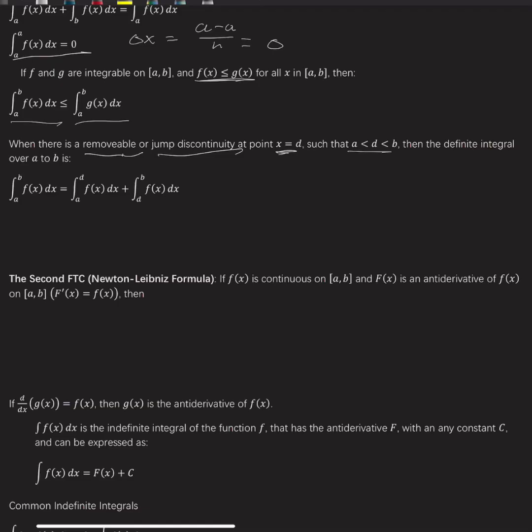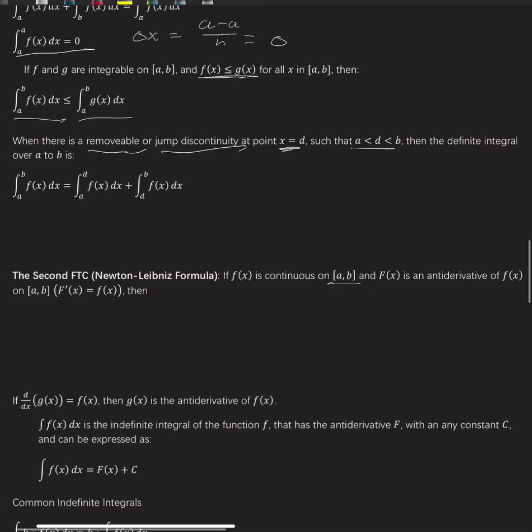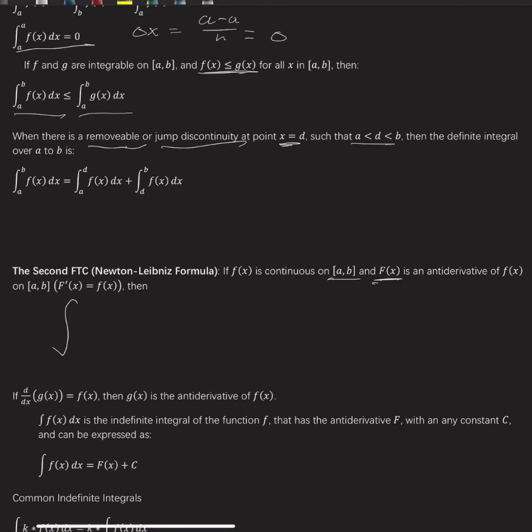If f of x is continuous on [a, b], and it has an antiderivative capital F of x, meaning the derivative of the antiderivative equals the original function f of x, then the definite integral from a to b of f of x dx is equal to F of b minus F of a.